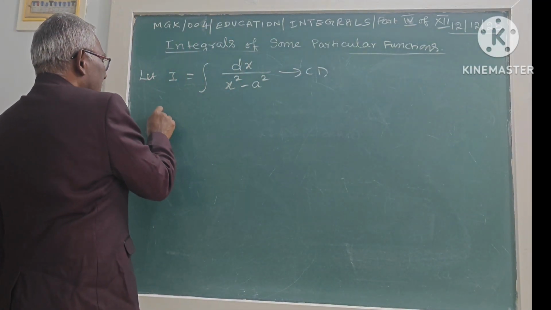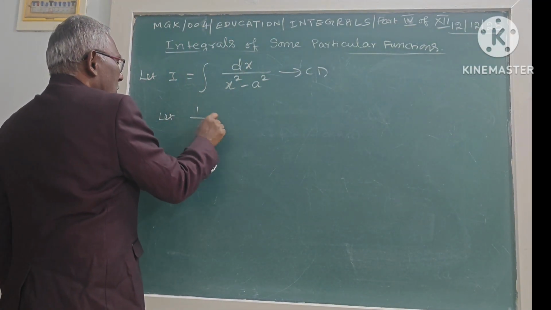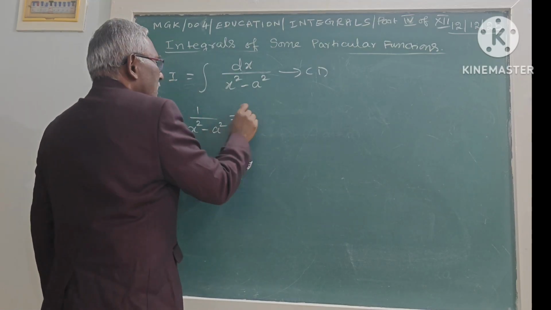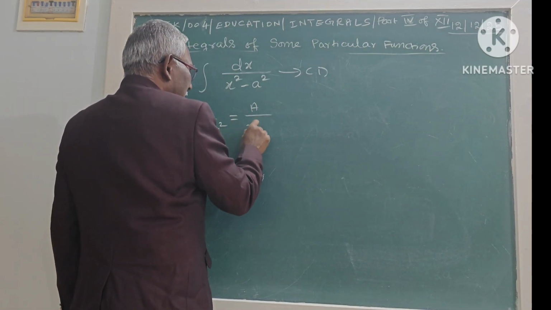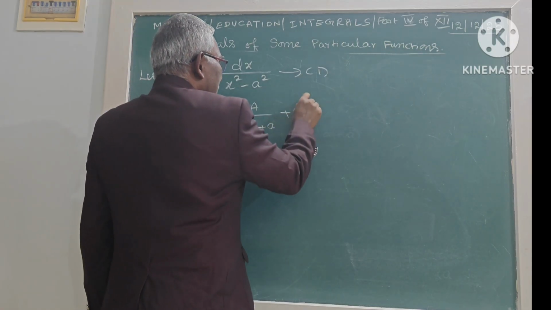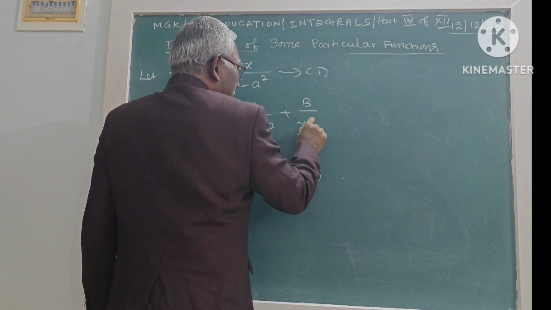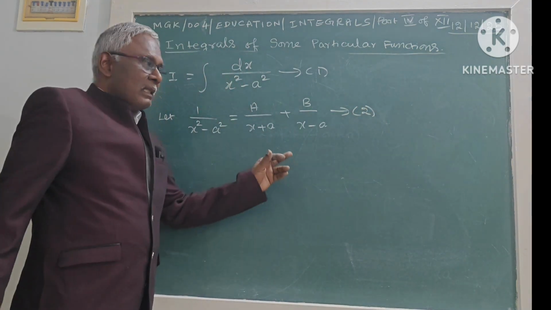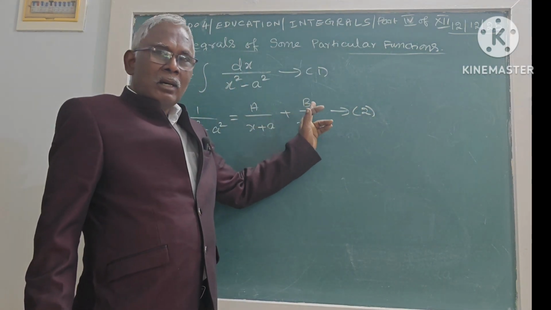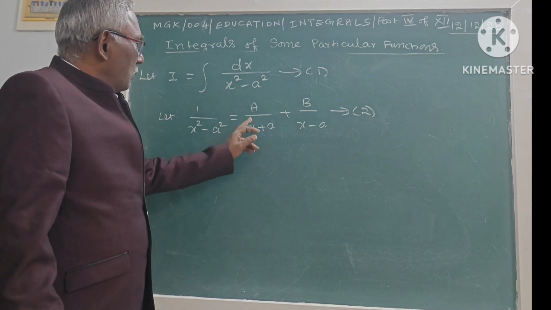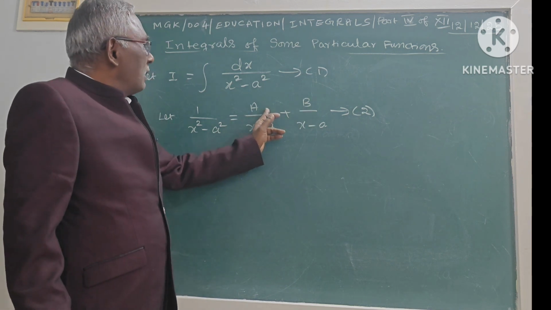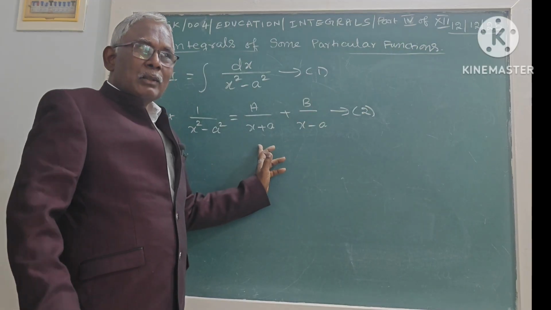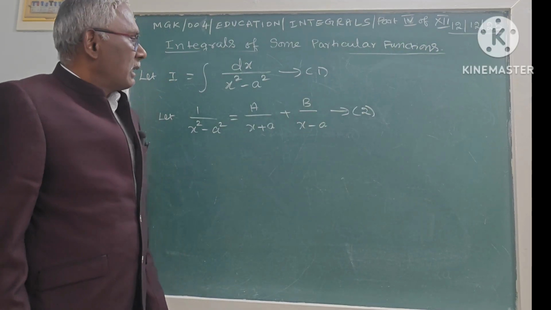Therefore, we can write, let 1 by x square minus a square be equal to A by x plus a plus B by x minus a, where A and B are arbitrary constants. Once you find the values of A and B, in place of 1 by x square minus a square, we can substitute this value, then we can find the integral.